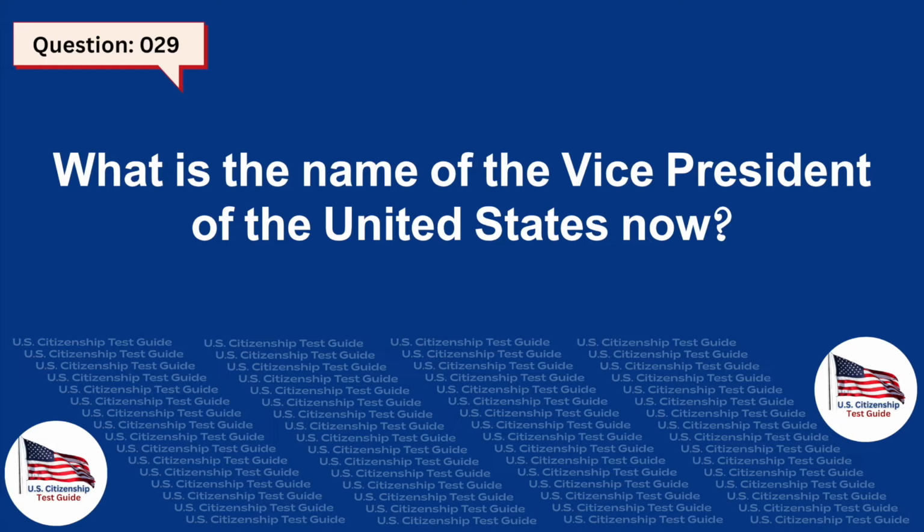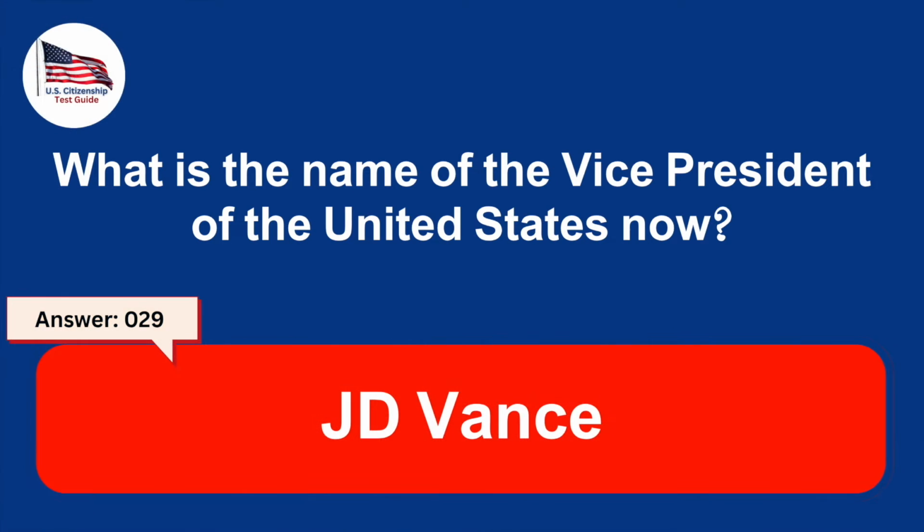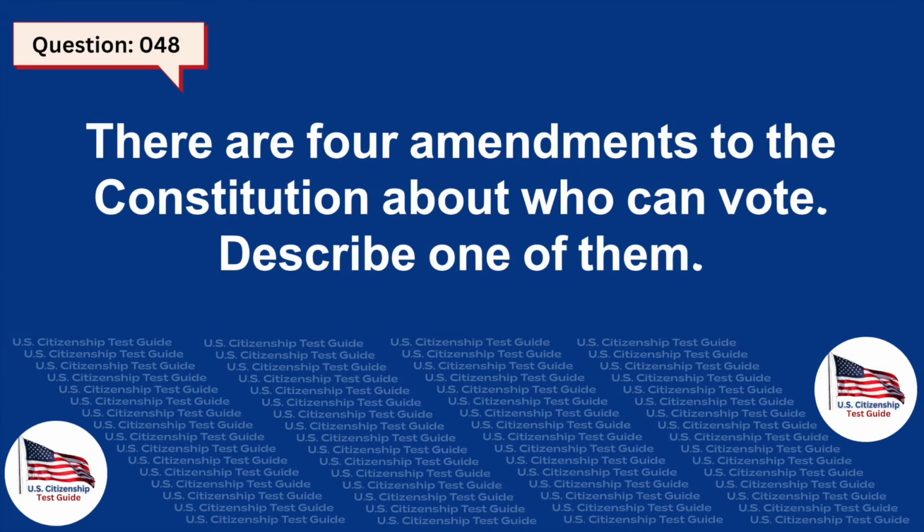What is the name of the Vice President of the United States now? J.D. Vance. There are 4 amendments to the Constitution about who can vote. Describe one of them.